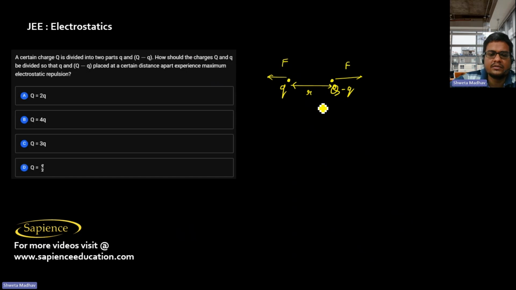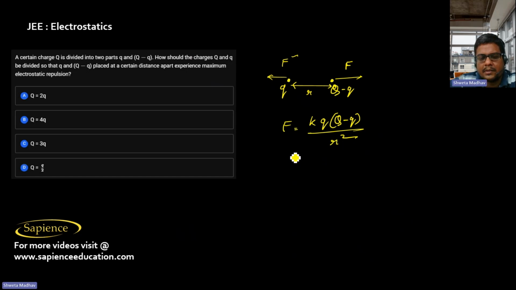So by Newton's third law, both of them will experience the same magnitude of the force. That force will be equal to K Q1 Q2 by r square, K into q into (Q minus q) by r square. So this should be maximized.